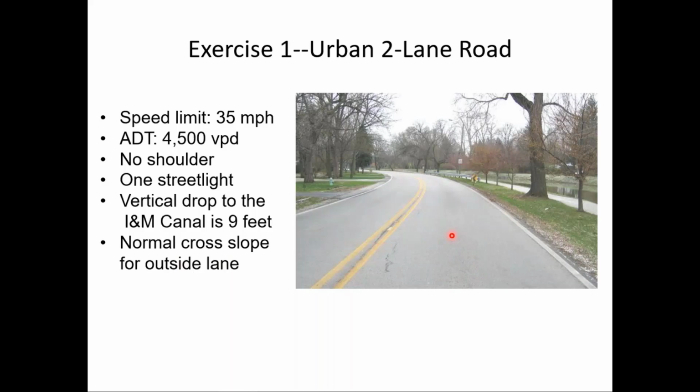But for this direction of travel, a normal crown would mean this is not properly cross sloped. So that's another thing that this agency did, is when they resurfaced the street, they made sure that there was super elevation in both directions of travel.